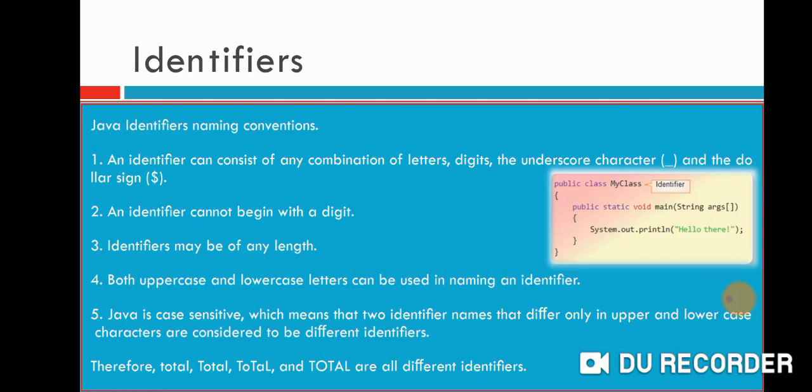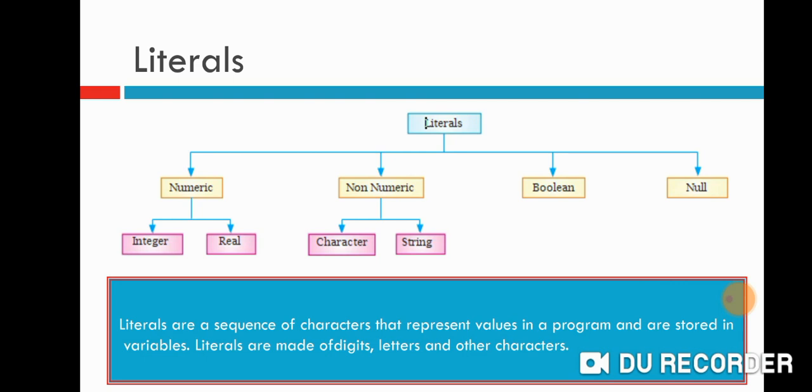As I had discussed earlier, it could be a class name or any other name which identifies an object or a thing. Identifier is basically a name given to a memory location. It could be a class, an object, a variable name, a method, anything, and the value which is stored in that is a literal. It could be numeric, non-numeric, boolean, or null. We will be looking into all these values later.